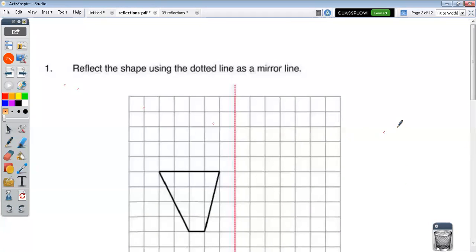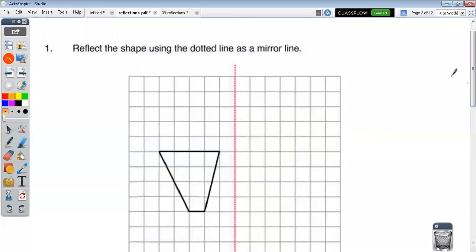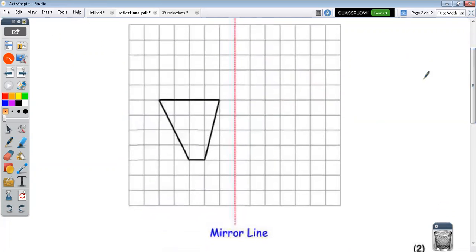So the question says reflect this shape using this dotted line as a mirror. This is our mirror here, so this image comes that side. If it's a straight line like this, since this point is only one box away from the mirror, it comes exactly on this side.